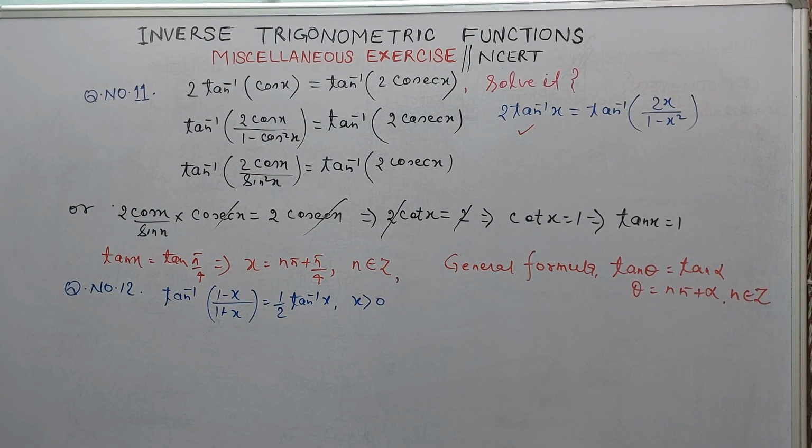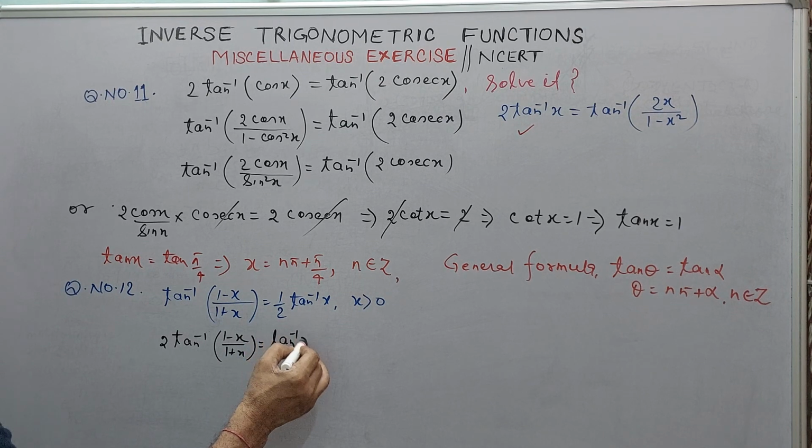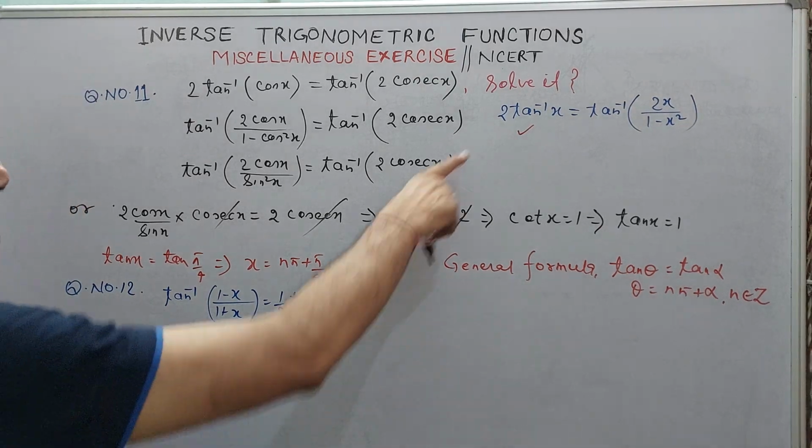We have to simplify this one. One way of solving this problem is this, another way is putting x is equal to cos 2 theta. So we are using this.